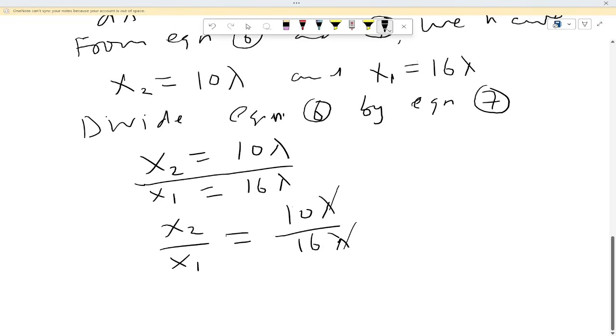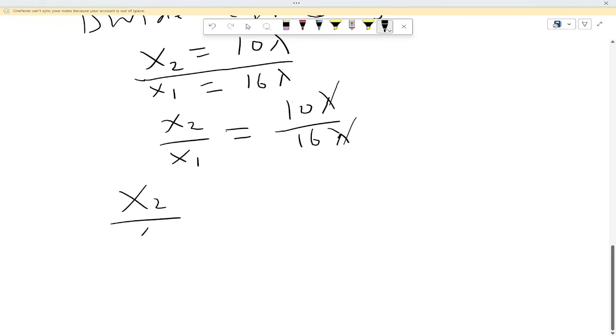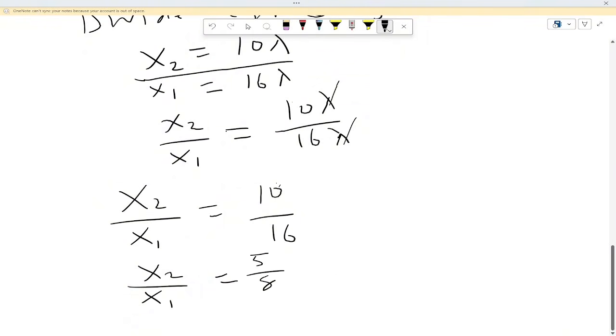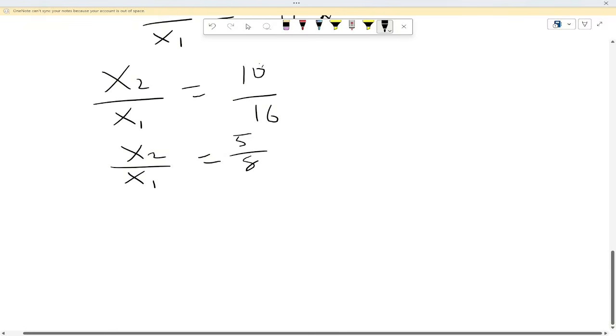So you are left with x2 all over x1 equal to 10 all over 16, and this will automatically give you x2 all over x1 equal to, when 2 goes into 10 you have 5, 2 goes into 16 you have 8. So the next thing is to cross multiply this to give you 8x2 equal to 5x1.